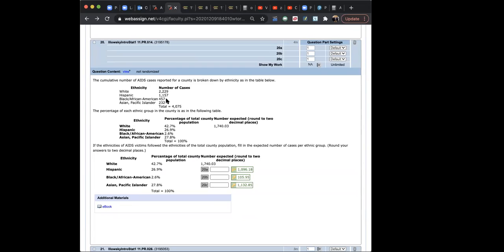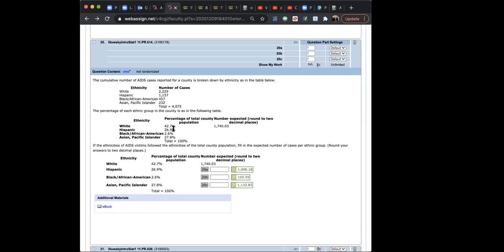The total of all of these cases is 4,075, and the ethnic groups are white, Hispanic, Black African American, and Asian Pacific Islander. The percentage of each ethnic group in the county is as in the following table. So here are the county statistics.